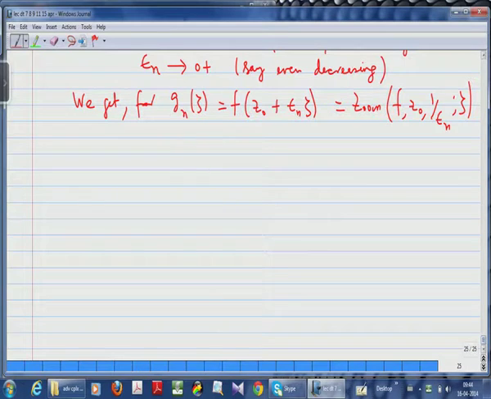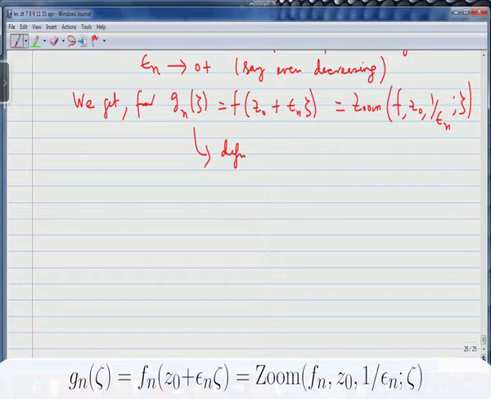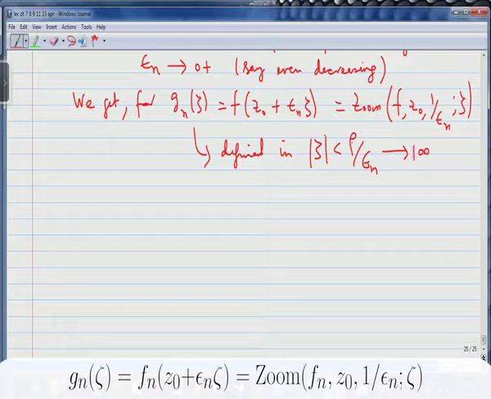Now, this is defined, as I told you, in mod zeta less than rho by epsilon n, and the point is that this goes to plus infinity as n tends to infinity, because epsilon n goes to 0 and rho is a fixed quantity.